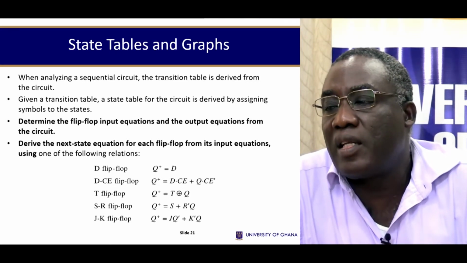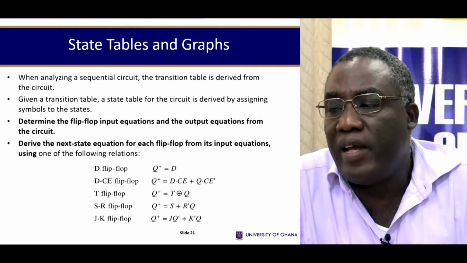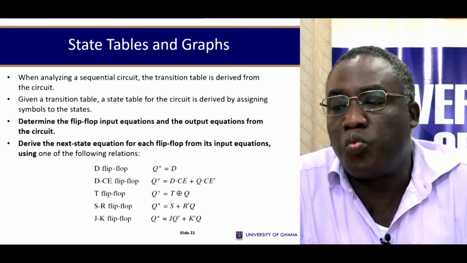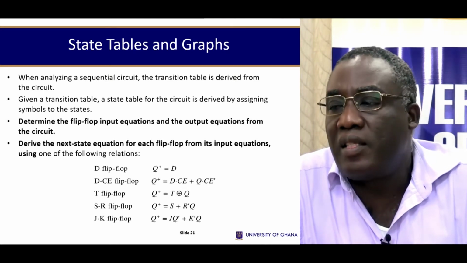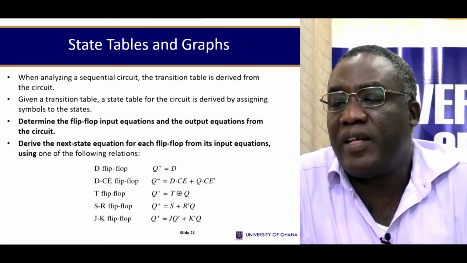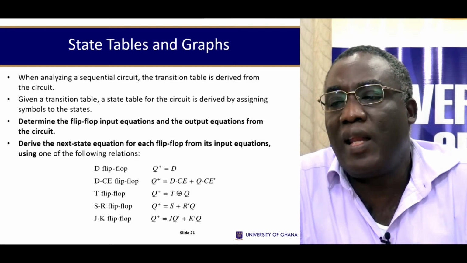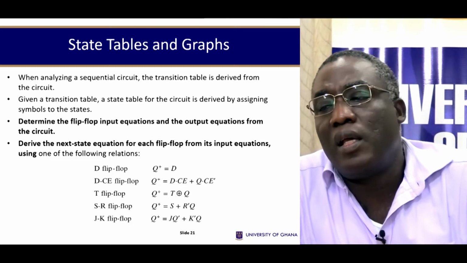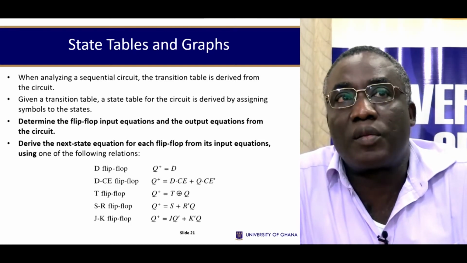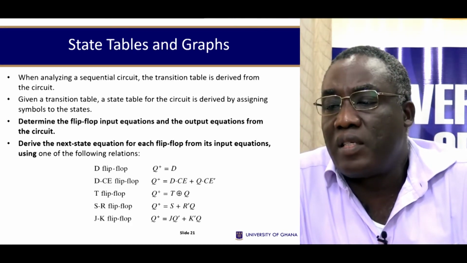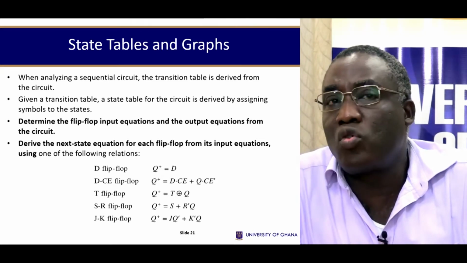A state in a transition table is specified by the flip-flop output values corresponding to the state. A state in a state table is specified symbolically. When analyzing a sequential circuit, the transition table is derived from the circuit. Given a transition table, a state table for the circuit is also derived by assigning symbols to it.